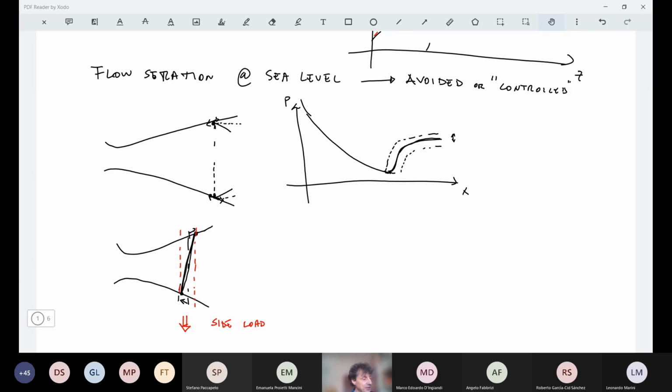The main reason is to avoid this fluctuation that results in side loads that would make the design more complicated in terms of structural loads and weight.